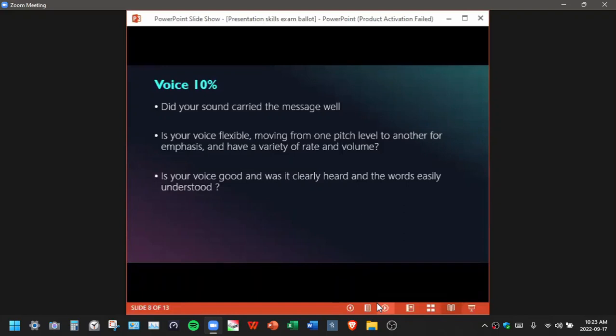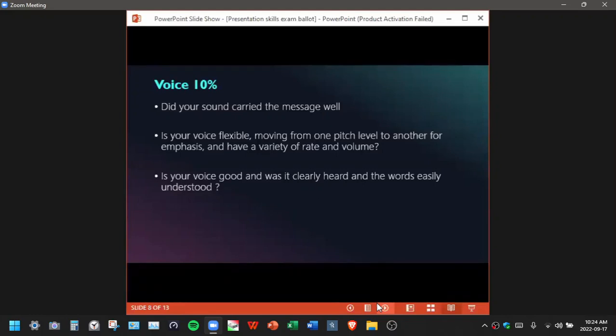You can bring some emotional voice when you're saying something emotional, and you can increase your volume when you say something important, or you can decrease the volume of your speech. That's also to get the attention.